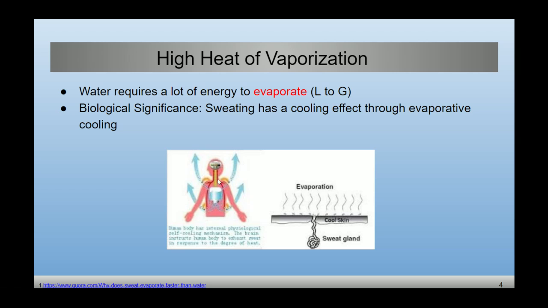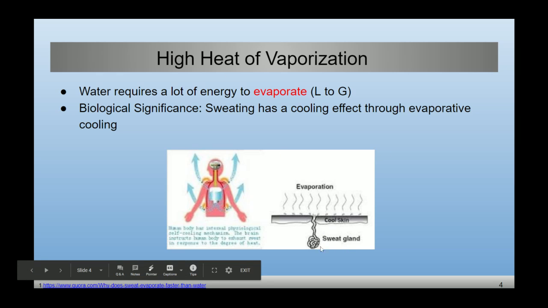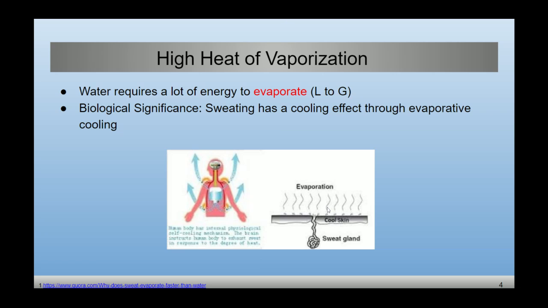When you're exercising and your internal body temperature is constantly rising, your sweat glands secrete salty water called sweat onto your skin. In order for that water to evaporate, it uses some of the heat energy you're generating. That way, whenever sweat evaporates, you get that cooling effect, and it also helps cool your skin.